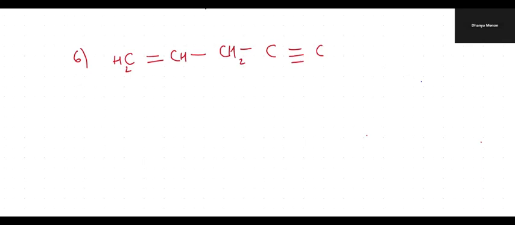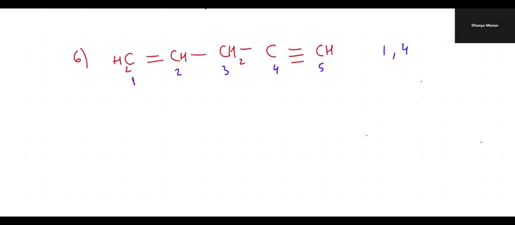Here 3 valencies are satisfied, 1 more needed. Coming to the numbering. If I number it like this, 1, 2, 3, 4, 5. Here, both double and triple bond are equally important. So 1 and 4 are the positions.